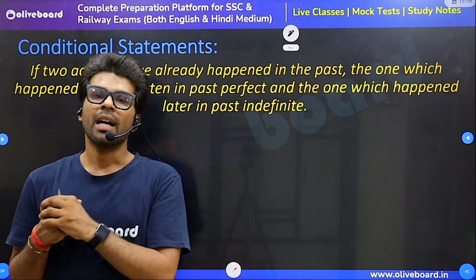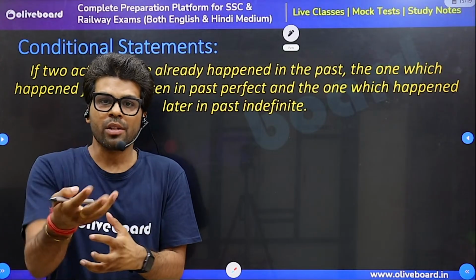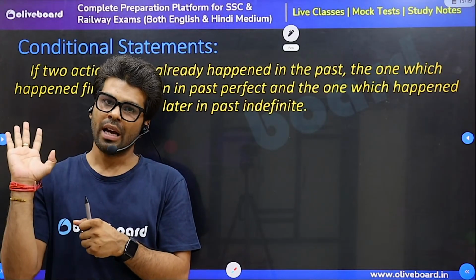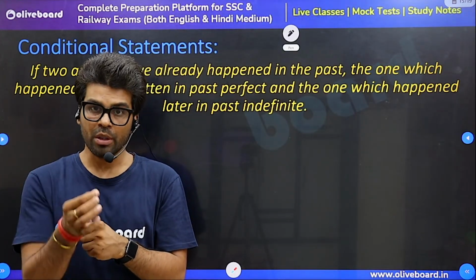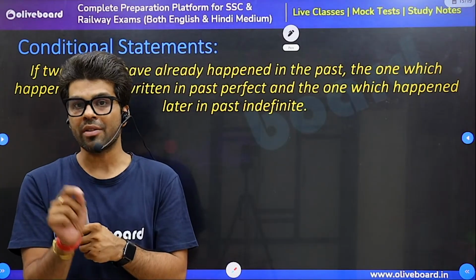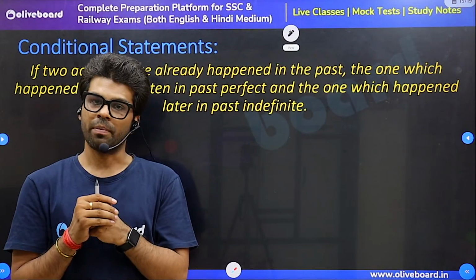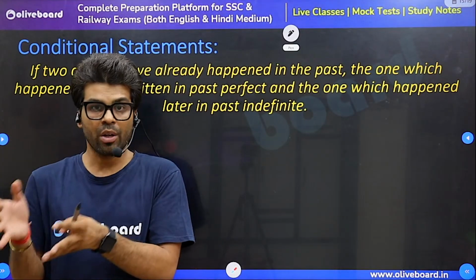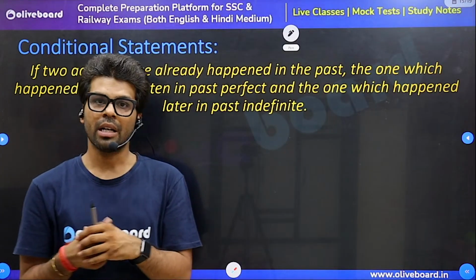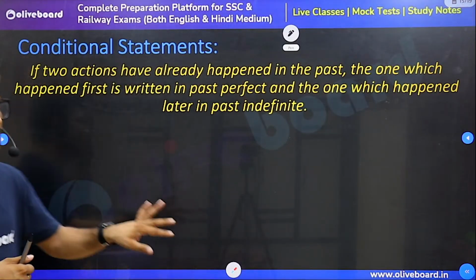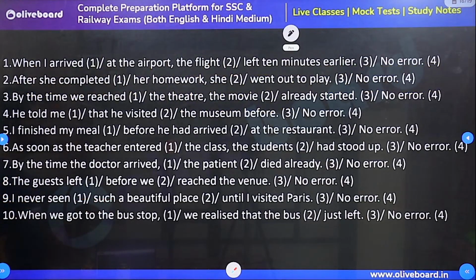Before the police could reach, the thieves had departed. If the police had reached first, they would have caught them. But before they could reach, the thieves had departed, and many such. Doubts welcome. Let's practice these also.